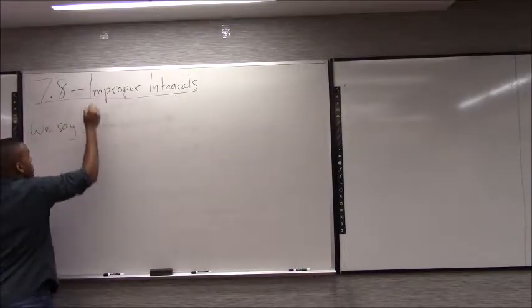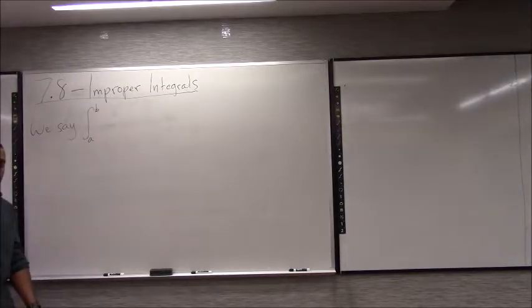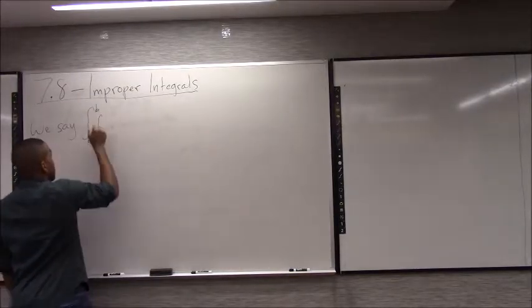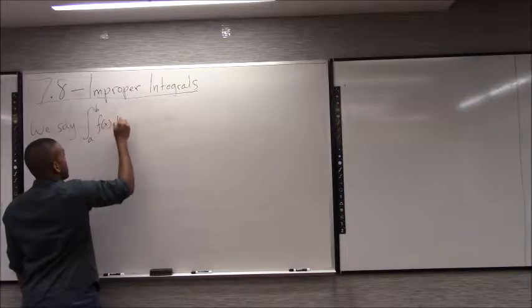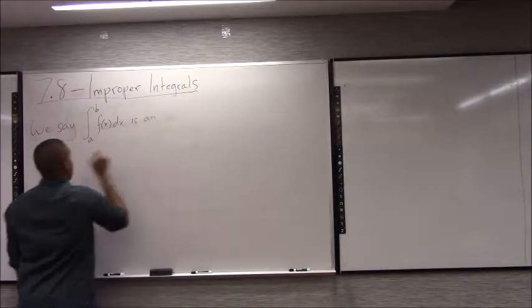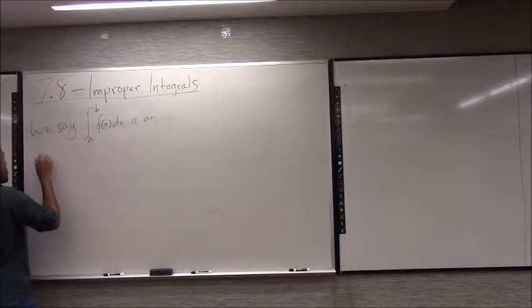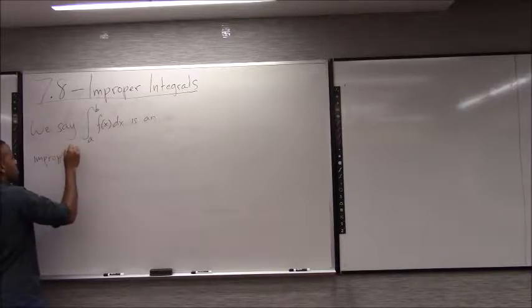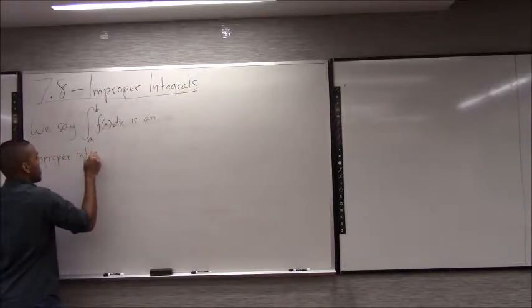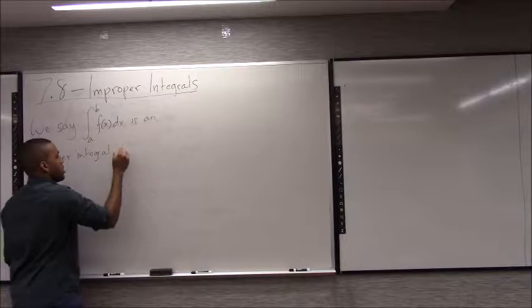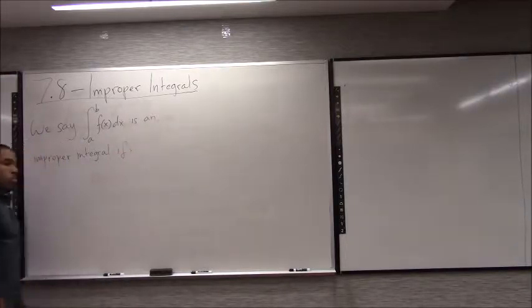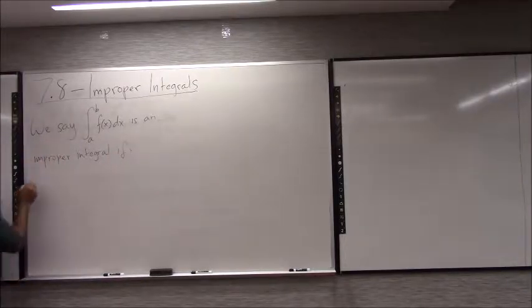The integral from a to b, so it's a classification of definite integrals, of f of x dx is an improper integral if you're looking for one of two things to happen.